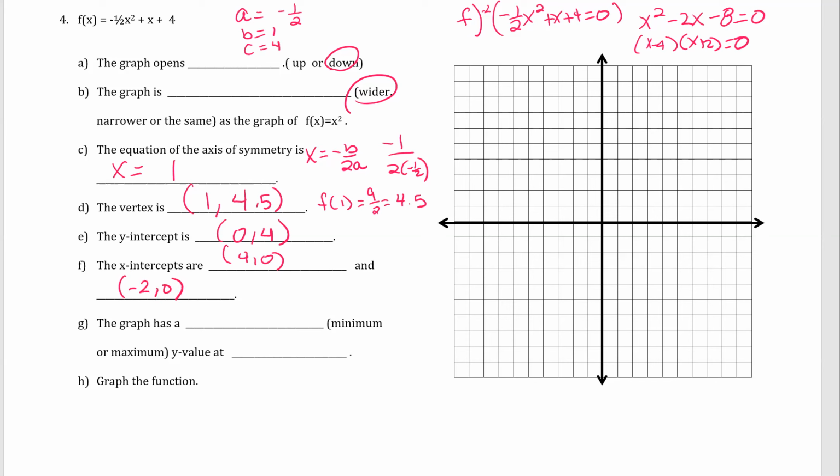Because the graph opens down, we will have a maximum value. Maximum value of the vertex is 4.5.